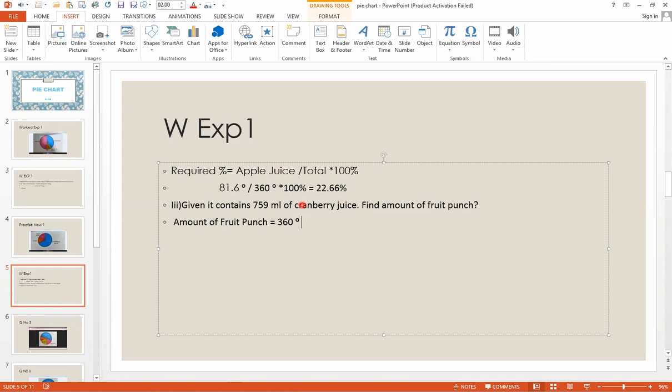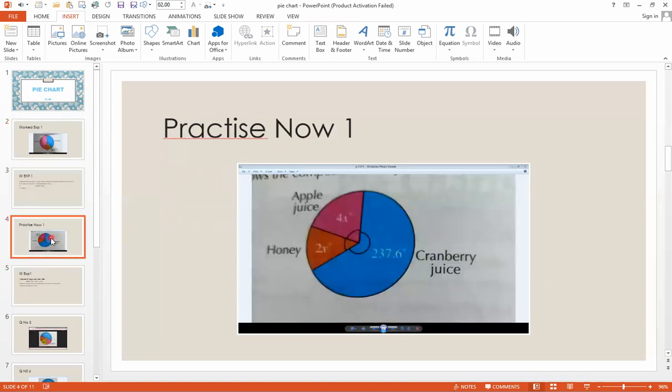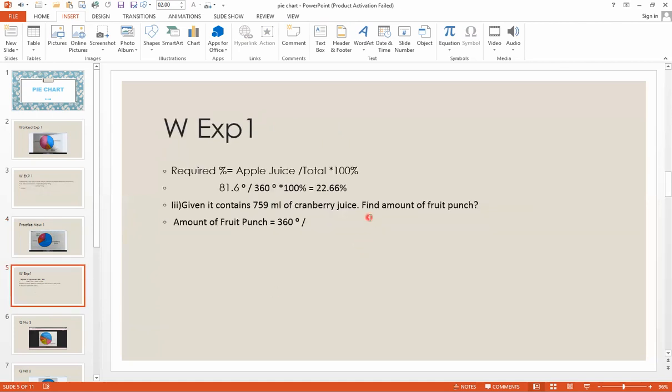But in such a case, you write 360 on the top, and after that you write the value of cranberry juice in degree. That is given in the question. Look here, the value of cranberry juice is given in degree, that is 237.6 degree. Okay, so you have to write this value, 237.6 degree. Okay.